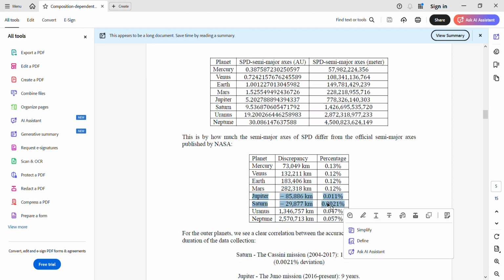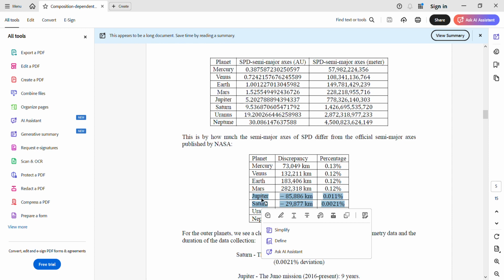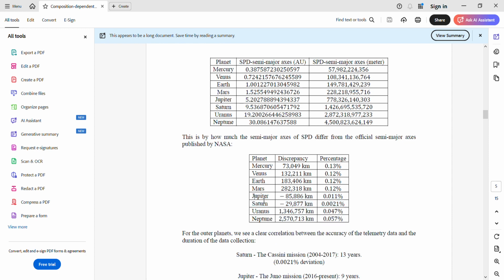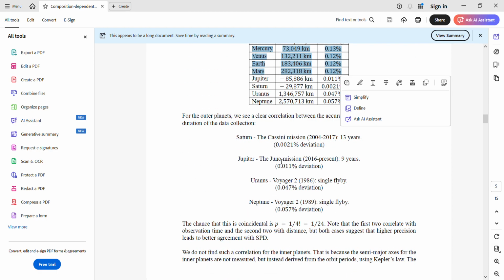And another reason the semi-major axis of Jupiter and Saturn agrees so well with SPD is because Jupiter and Saturn's g values are the same as the g value of the Sun, and so that brings us back into a situation similar to Newtonian gravity, whereas for the inner planets, the g values of the planets are very, very different from the g value of the Sun.